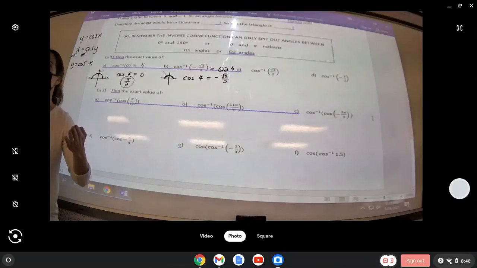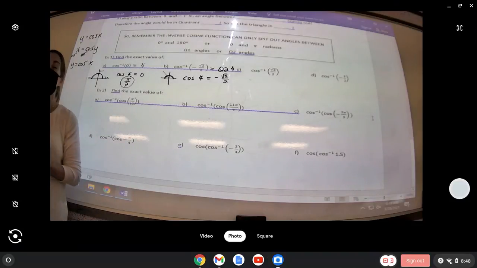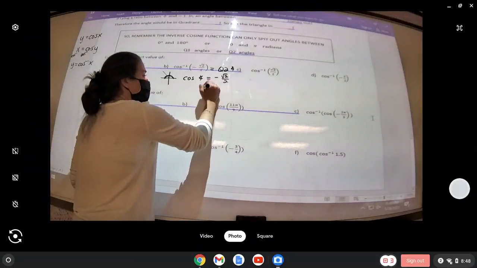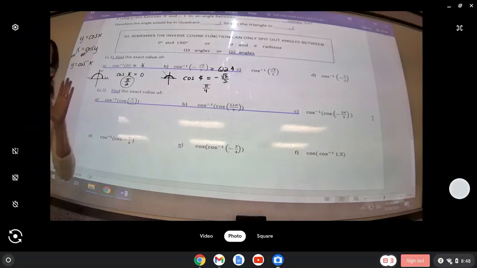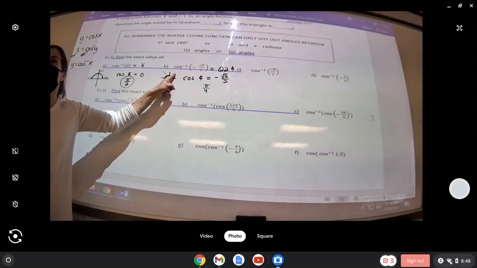So look at your triangles. Does anybody know the cosine of what angle, 30, 45, or 60, had a ratio of root 2 over 2? Anybody know? It's a 45. So this is definitely a 45-degree angle of some kind. But here's the answer. It can't be pi over 4, because pi over 4 is a quadrant 1 angle.